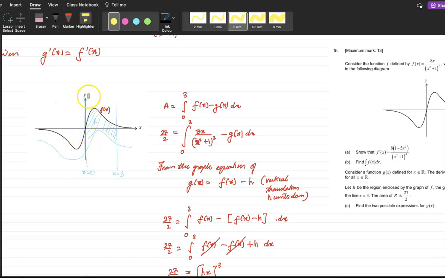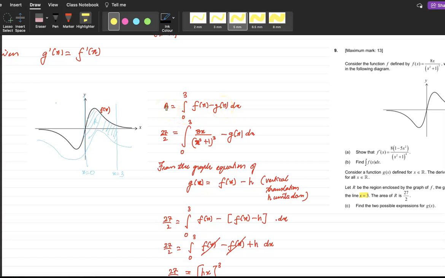It can be plus h also, you can consider. I've taken this as minus h over here. And if you want to find the area between two curves, the limits being x is equal to 0 and x is equal to 3, that's given in the sum. This area is 27/2. Upper function minus lower function.